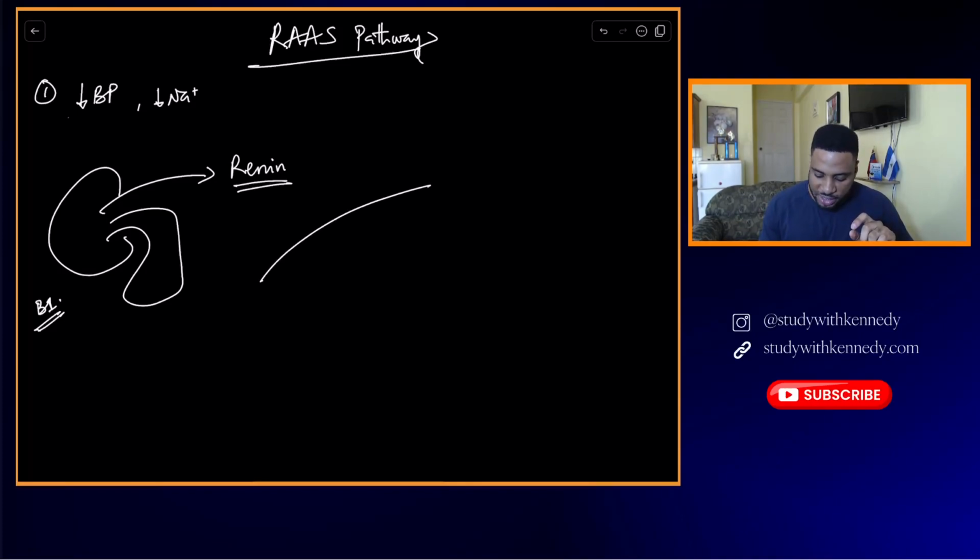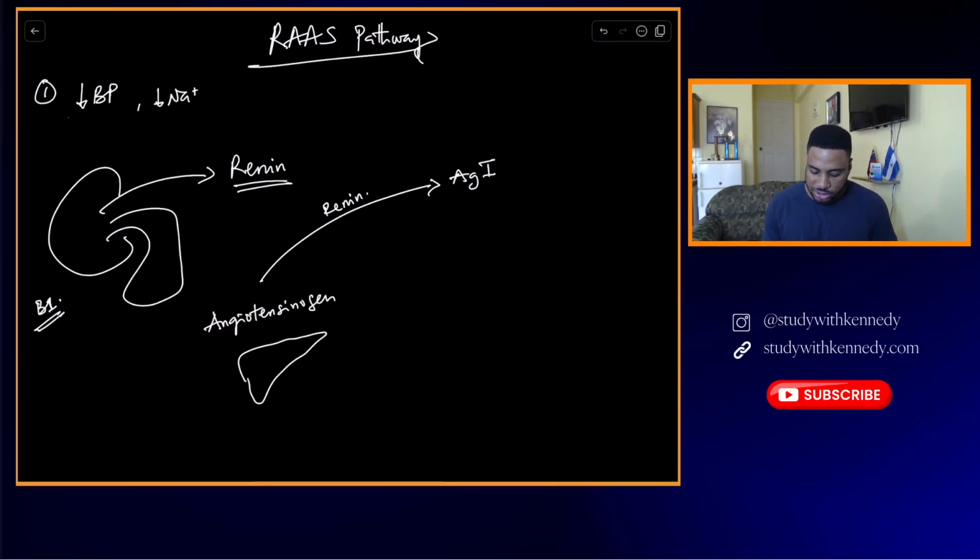Renin converts angiotensinogen, I'm going to write it as AGG, or I might as well just spell it out. Renin converts angiotensinogen to angiotensin 1. It is important that you remember that angiotensinogen is produced by the liver.